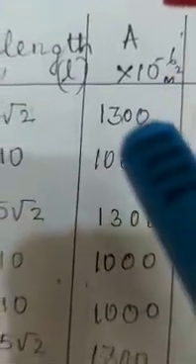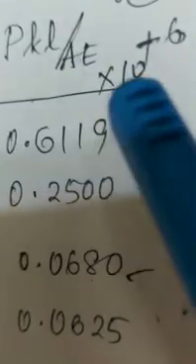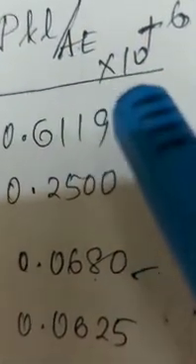So now I have everything. I have P, I have K, the length in the second column, the area in the third column, and the E value in the fourth column. So I can easily calculate PKL by AE for each member. While calculating, the area comes in the denominator. For example, for member AC the area is 1300 into 10 power minus 6 in the denominator.